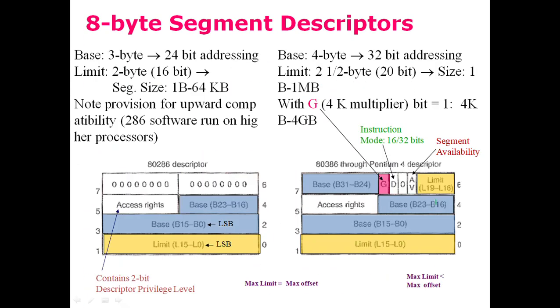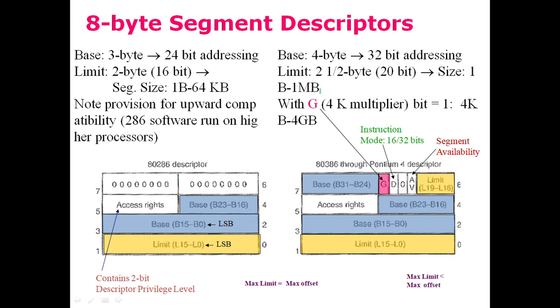Here we have the descriptor of the 80386 microprocessor. There are some additional fields. First, the base. Unlike the 80286 microprocessor, the base is 32-bit addressing here, because the address bus in the 80386 and above is 32-bit.